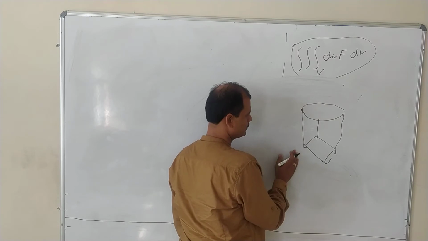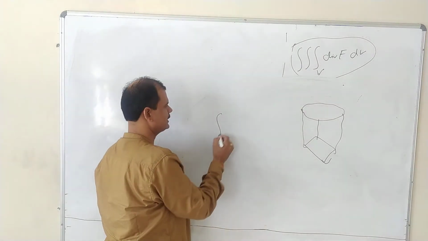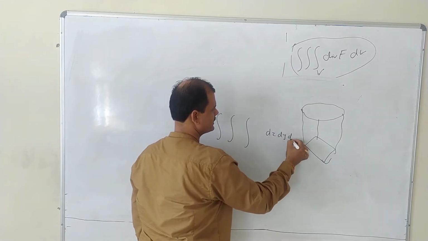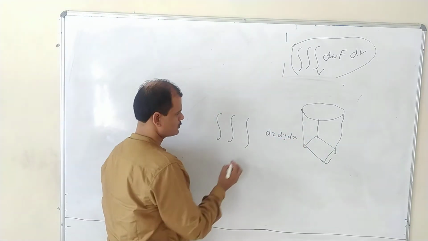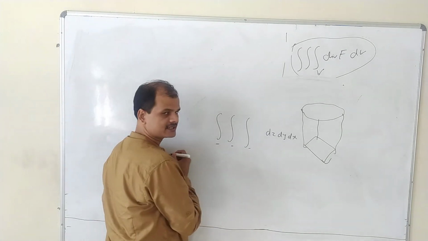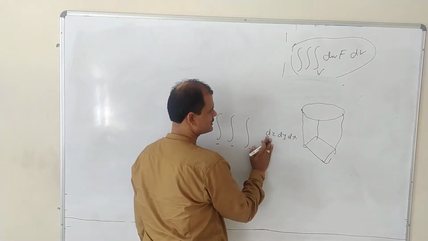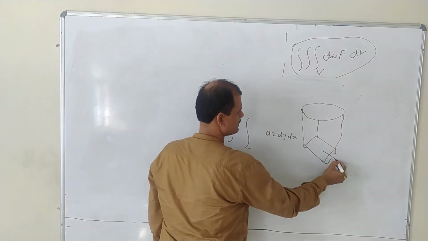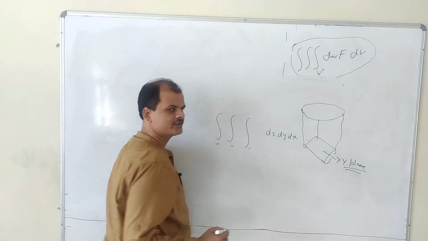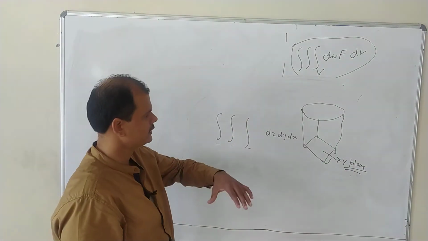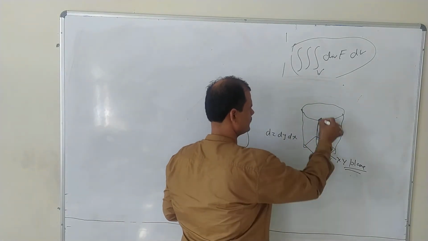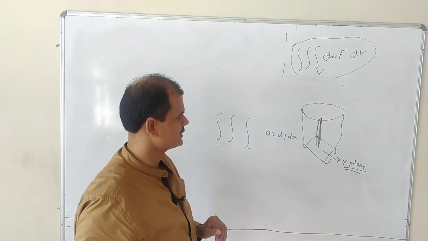Suppose here we have, I'll teach you how to find those limits. Suppose we have dz, dy, dx. Okay, so first we need the z limit, then we need the y limit, then we need the x limit. So for the z limit, this is suppose the xy plane, right? For the z limit, we'll see the height of that total length in the z direction.